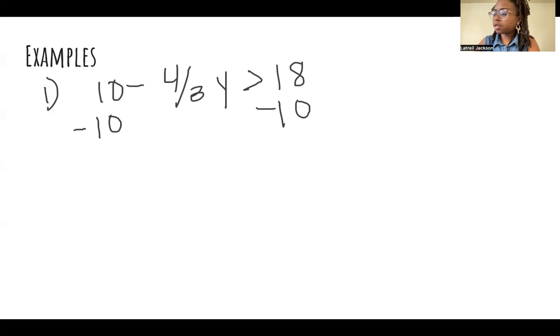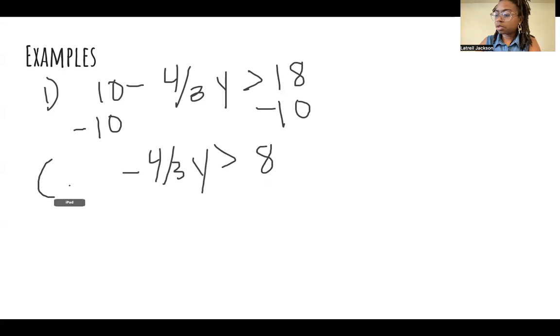So 10 minus 10 is 0, so we have negative 4/3 y is greater than 18 minus 10 is 8. And next thing we do is multiply by the reciprocal of negative 4/3. We can divide by negative 4/3 too, but it makes more sense to multiply by the reciprocal of negative 4/3, which would be 3/4 on both sides.